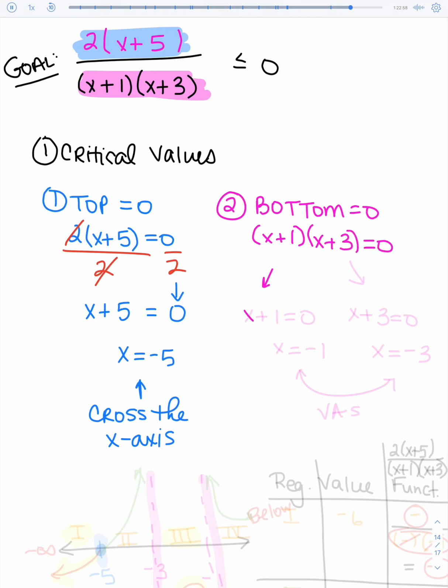Either the x plus 1 could be 0 or the x plus 3 could be 0, which means we get two values. When we subtract 1, we get negative 1. When we subtract a 3, we get a negative 3. And this means we've actually got two vertical asymptotes, one at negative 1 and one at negative 3.